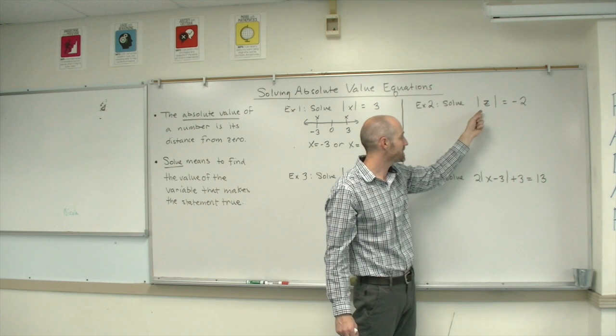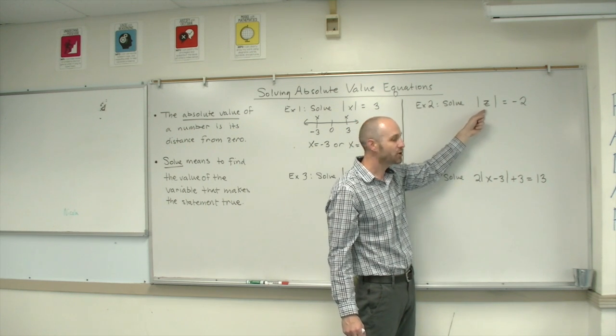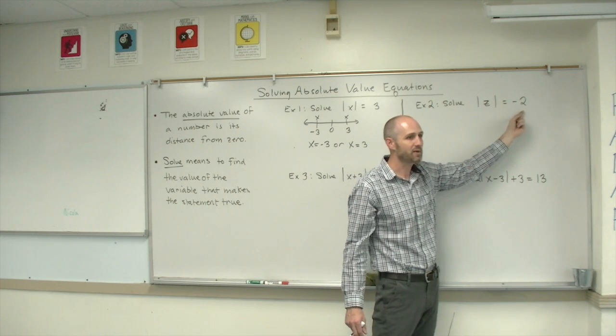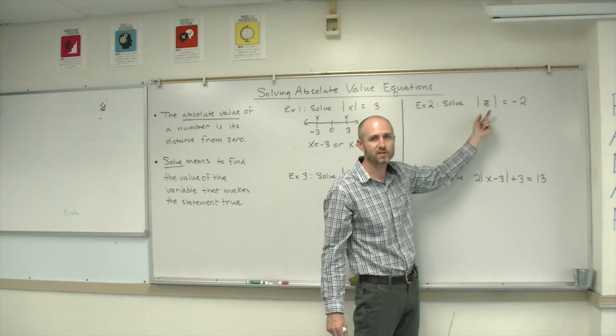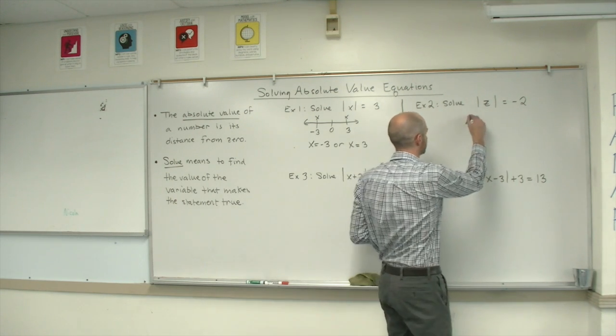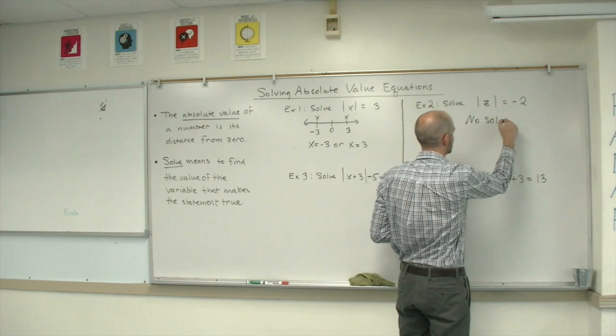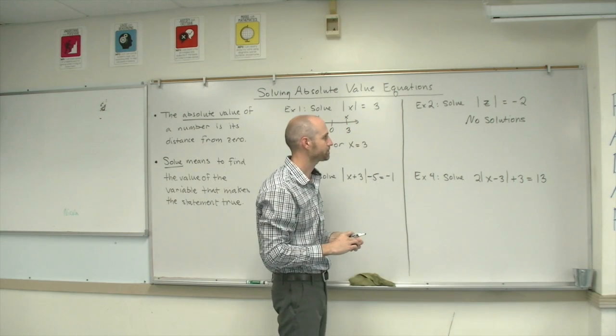There is no value of z that will make this statement true. Think about it. If z is 2, its distance from 0 is 2, not negative 2. And if z is negative 2, its distance from 0 is still 2, not negative 2. So this statement has no solution. There's no value of z that makes this statement true.